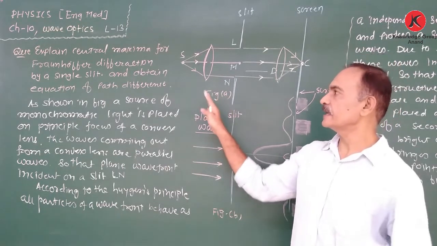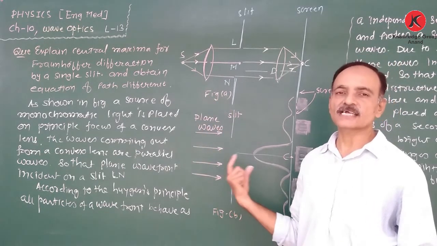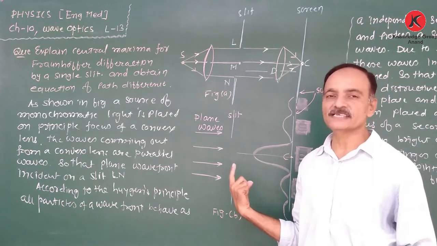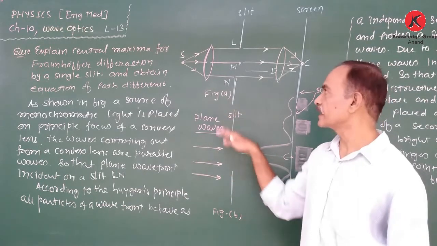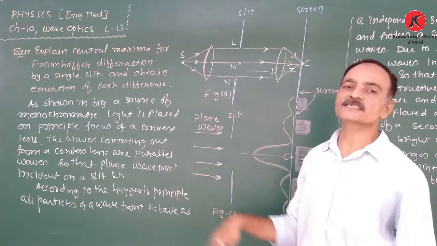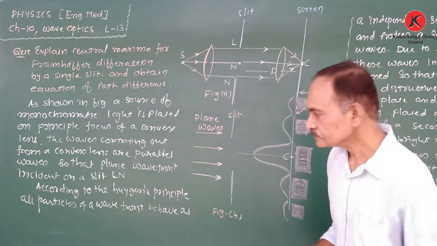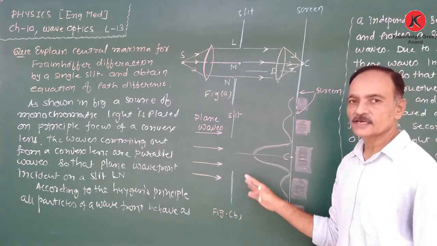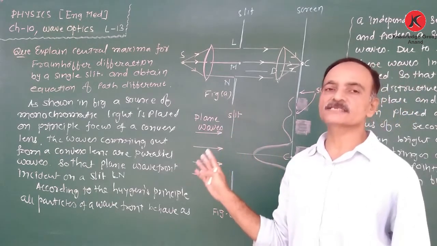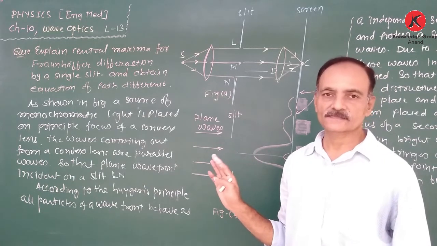We describe the figure in central maxima because the answer of the central maxima discussion is very short. Therefore, we also have to consider this arrangement of the figure in the answer of the central maxima. After the description of this arrangement, we discuss the central maxima and obtain the path difference.